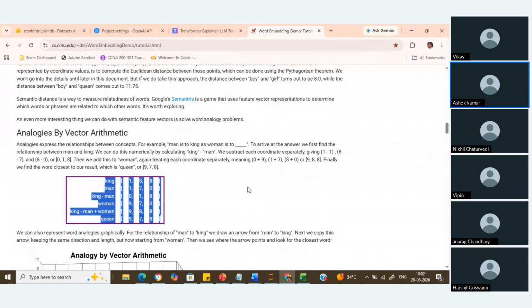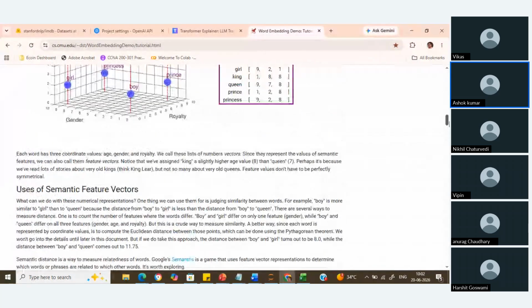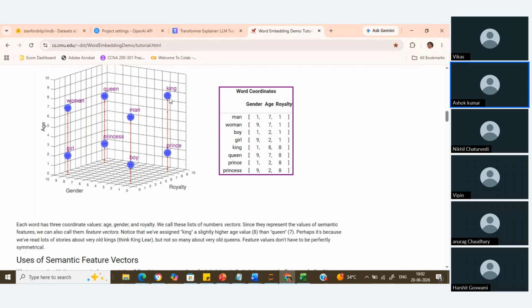On the gender axis it is 1, on the royalty axis it is 8, and on the age axis it is 8. King is 188.